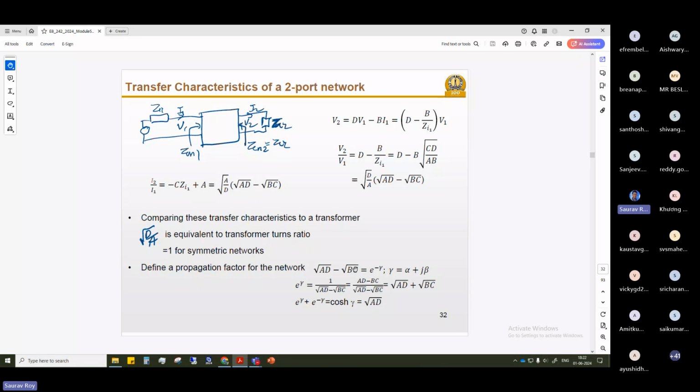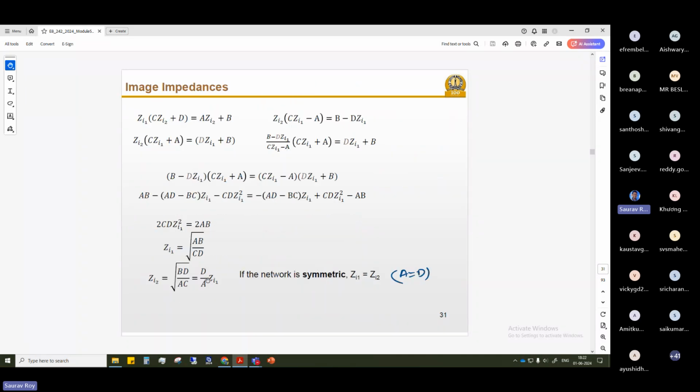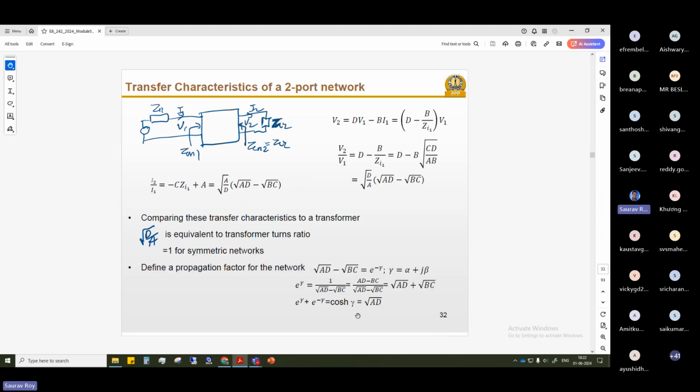From that, you can calculate the image impedance with the equation in the previous slide, square root of AB by CD, and gamma from square root of AD. If those calculations are done, almost half of the characteristics of a microstrip line or a microwave filter can be done based on that. So those are the factors.